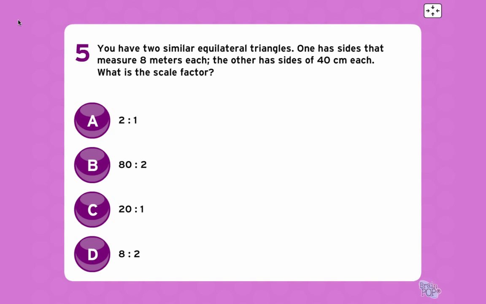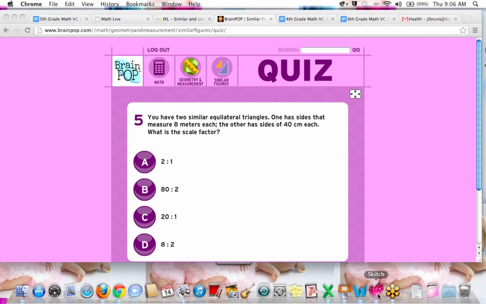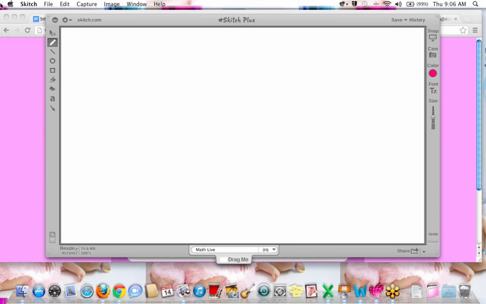How much bigger is this first triangle? Let me draw the picture. I'm not very good at drawing, but we'll get there. Here's our first triangle.